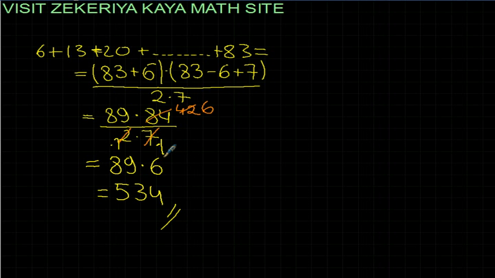From homework, go to grade 8. In grade 8, there is a folder group algebra. In group algebra, there is a test book. In that test book, solve the questions which are about sets.